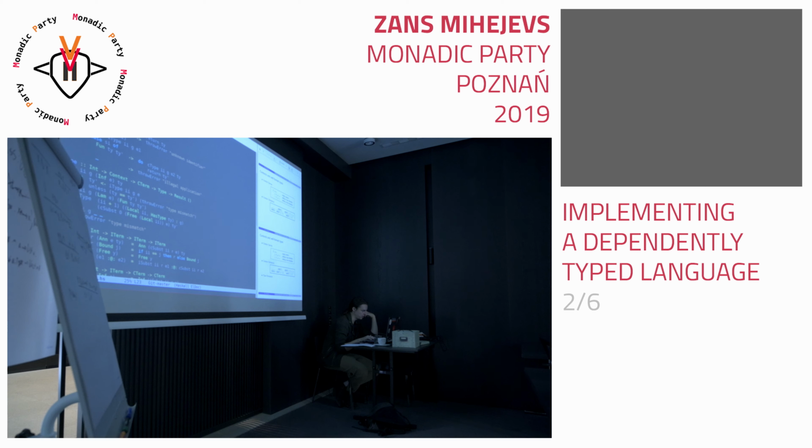And let's see what we're doing here. So the inferable cases are the annotation expression with some type, and then we're checking that the annotation actually evaluates to star, so it's a type, and then we're checking the type of this expression within the context, using the expression and the type which we got from here.